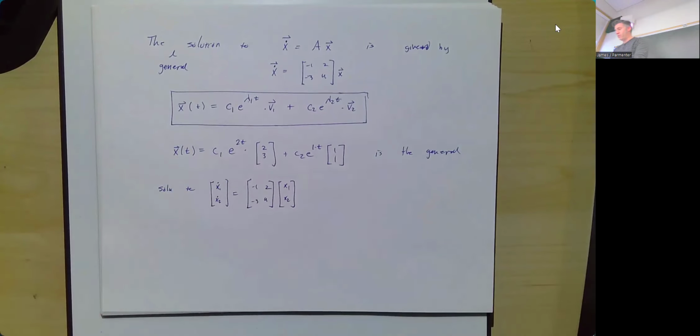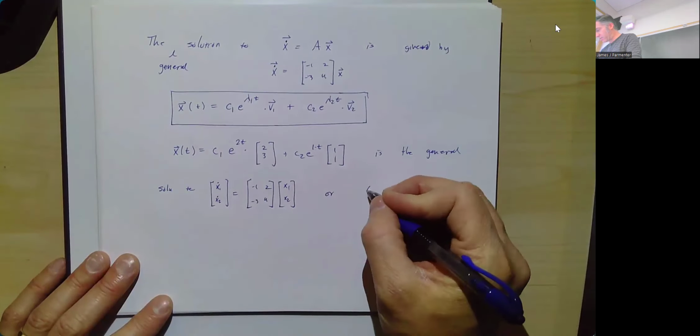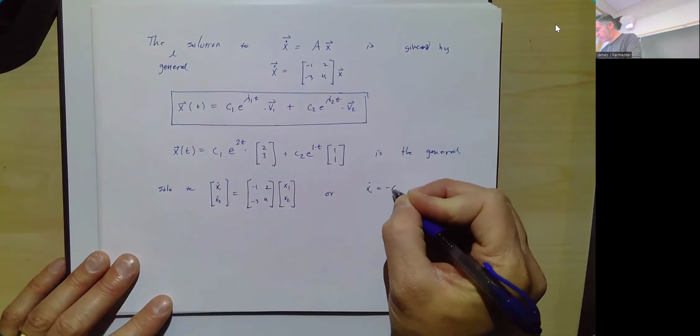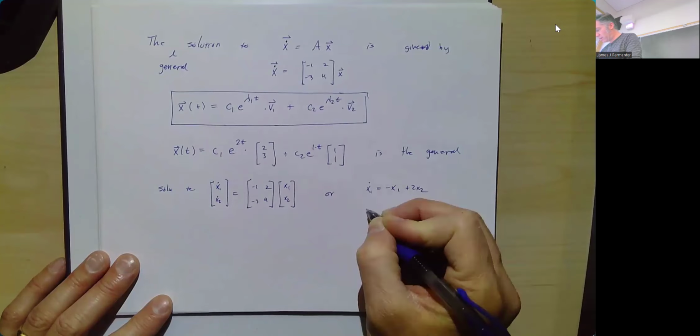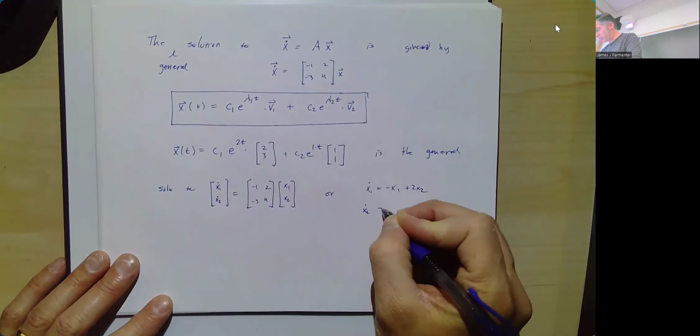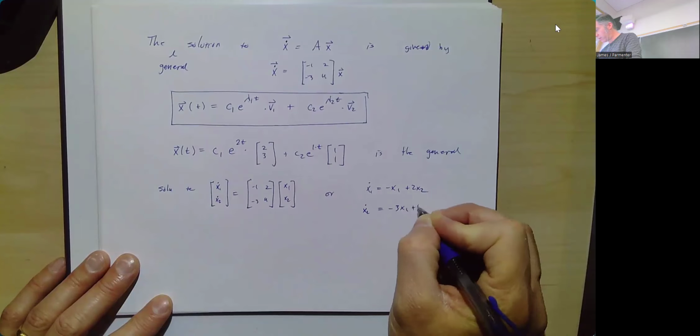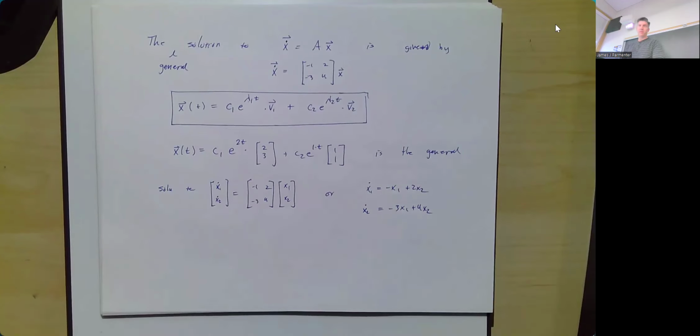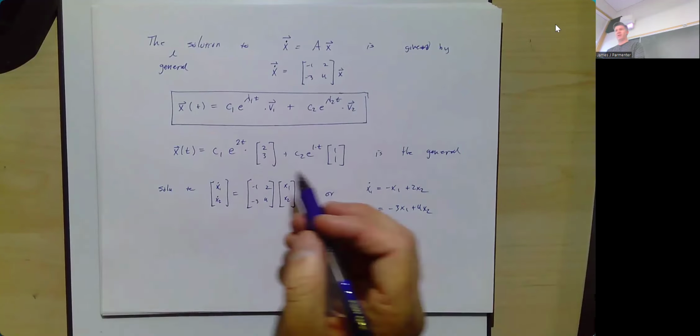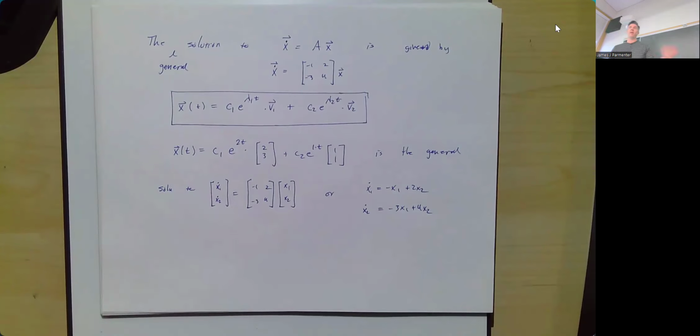Or if you prefer, you could even write it out, right? We had x1 dot equal to -x1 plus 2x2, and x2 dot equal to -3x1 plus 4x2. That was our original system of equations. All these things mean the same thing. It's just that we have different ways of imagining or writing them. Okay.